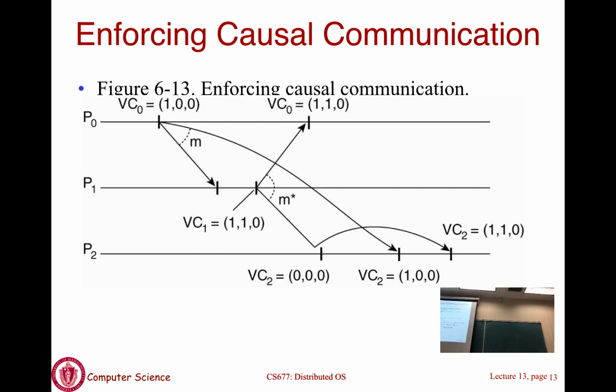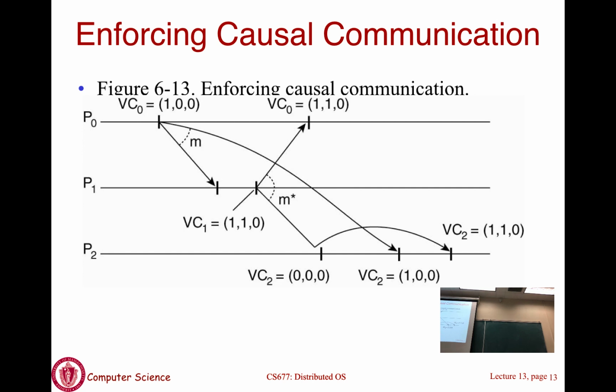That message actually reaches P2, and maybe it reaches P2 first, before the message from P0. But because that has a vector clock of 110, it will not be delivered, because P2 in this case can infer from this vector clock that there is actually a message that P0 sent that hasn't yet arrived here.